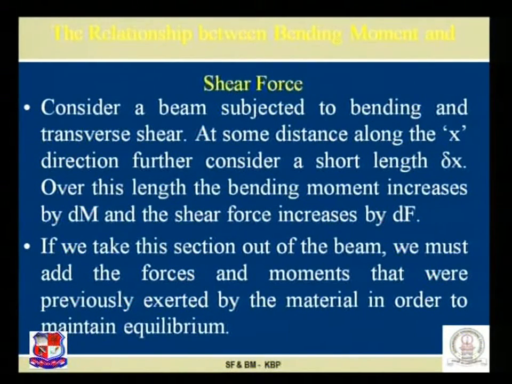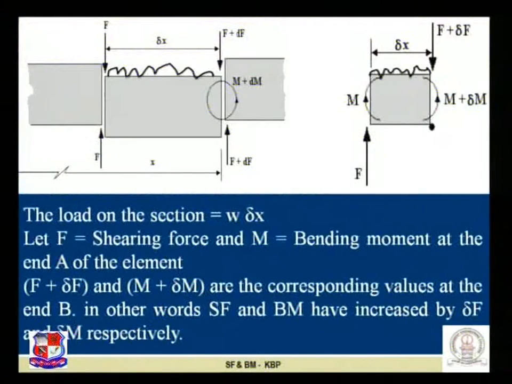Now let us consider a beam subjected to bending and transverse shear. At some distance along the x direction, further consider a short length delta x. Please refer to this particular figure. This is our beam.